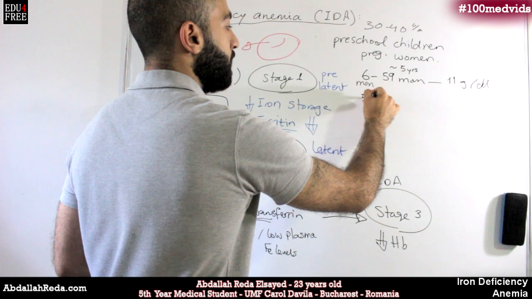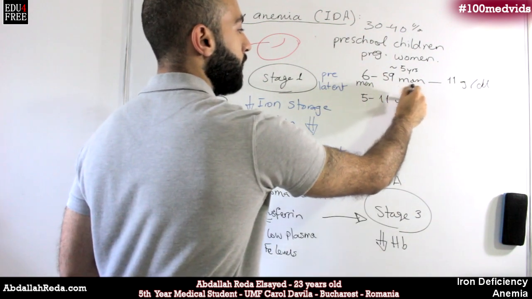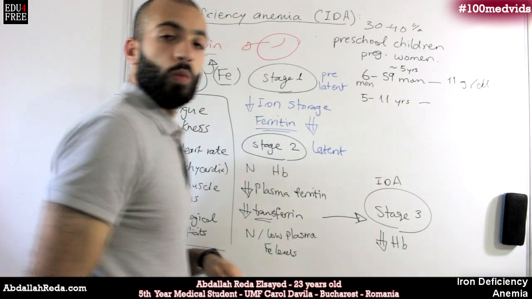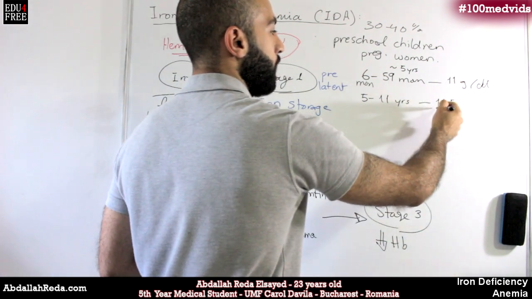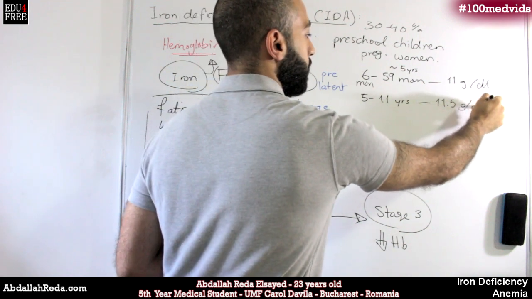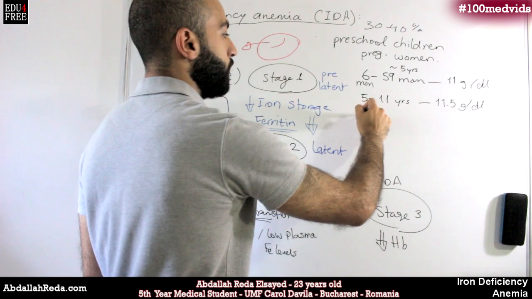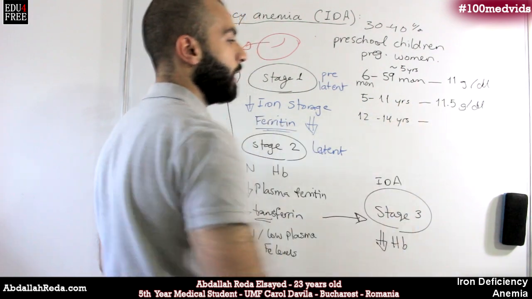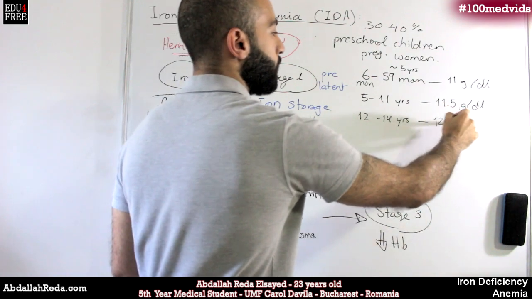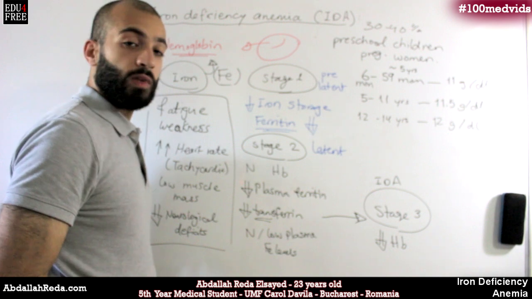From 5 to 11 years of age, we go a bit more, so 11.5 grams per deciliter, and after that, 12 to 14 years of age we get 12 grams per deciliter, and that's for both sexes.